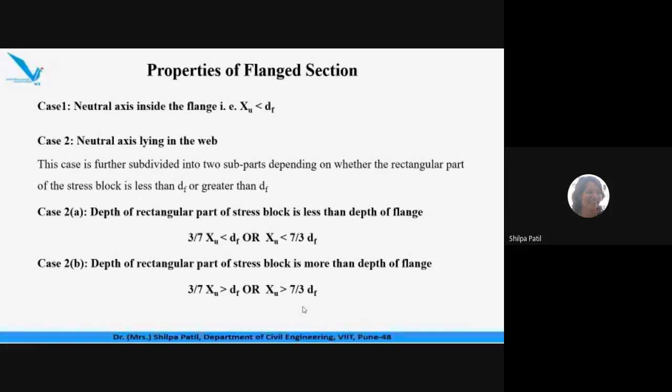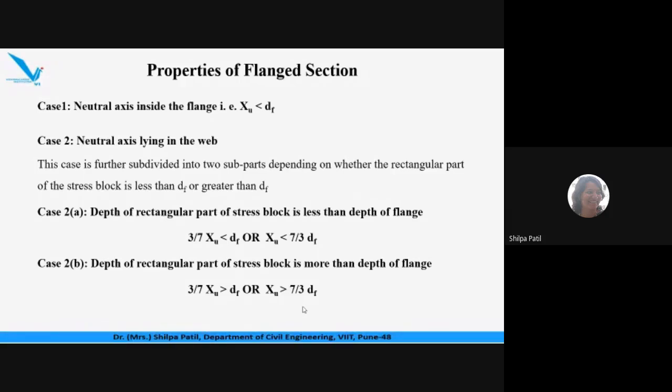So to avoid complications in the calculation, only two cases are assumed in practice. The first case is that we consider initially that the neutral axis lies inside the flange, and we calculate the MUR, the moment of resistance shown by the beam, under the assumption that the neutral axis lies inside the flange.